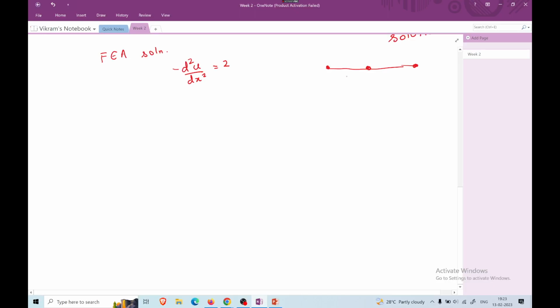Let us say each element has length h. From 0 to 1, this will be 0.5, which means h is equal to 0.5. This is element number 1 and this is element number 2. Step 1, discretization of the domain.